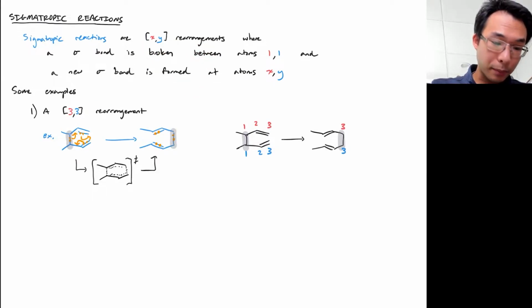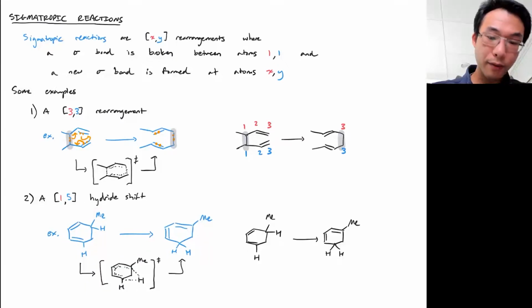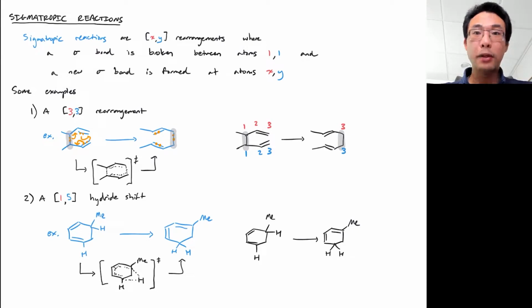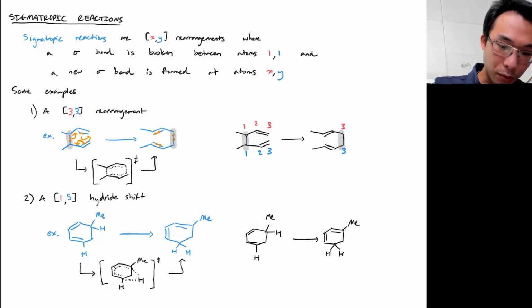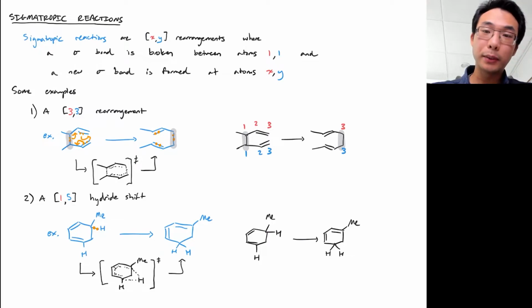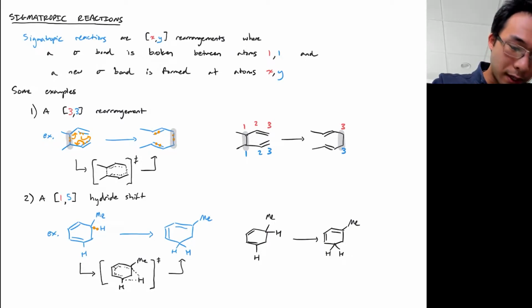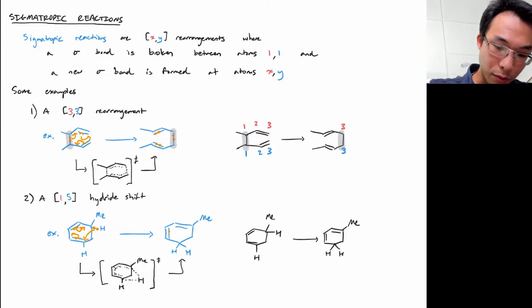Here's a second example. This one is a 1,5 hydride shift. In this case, a hydride, so an H and a pair of electrons, appear to be shifting around in the molecule. From a mechanistic point of view, we're taking that pair of electrons. I always personally think of that sigma bond as the pair of electrons shifting around. That's going to end up here, pushing the other two pi bonds around, getting you to this product.